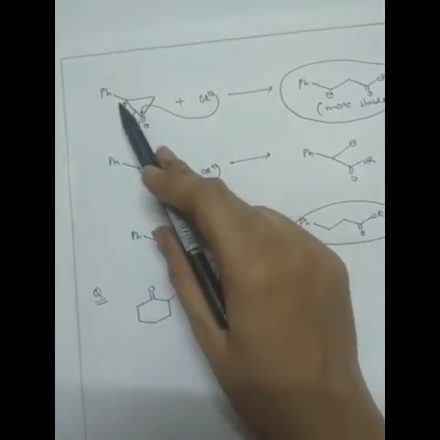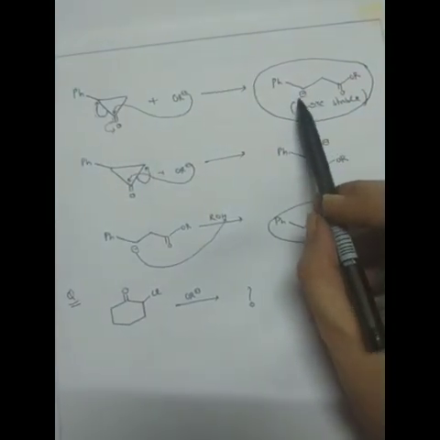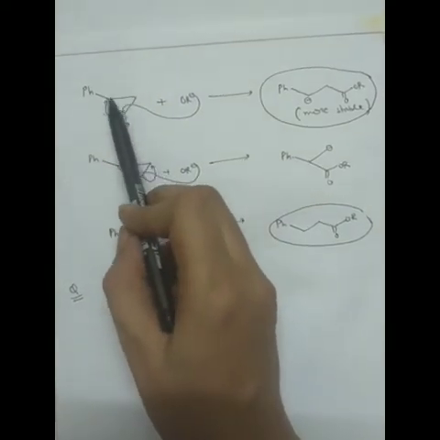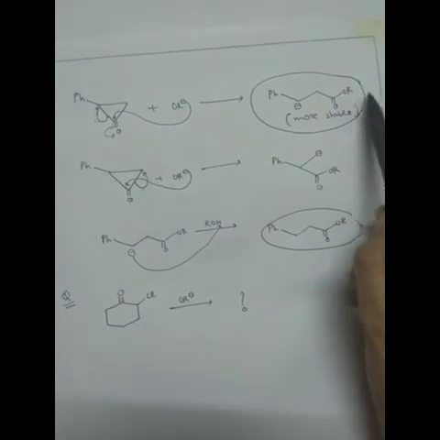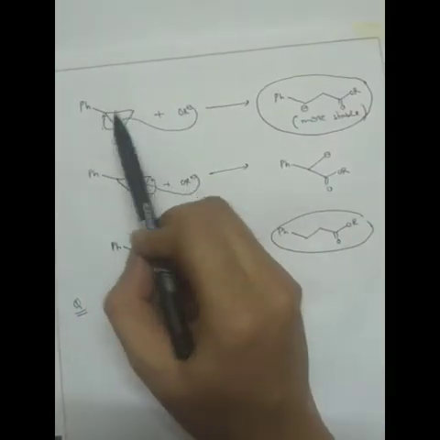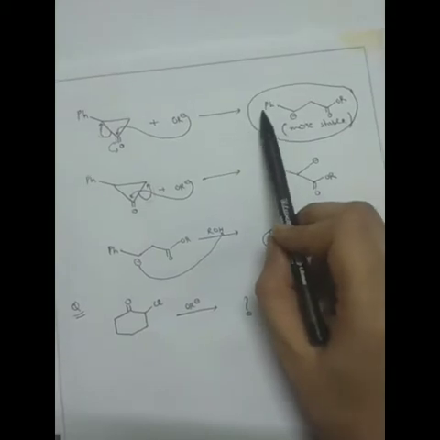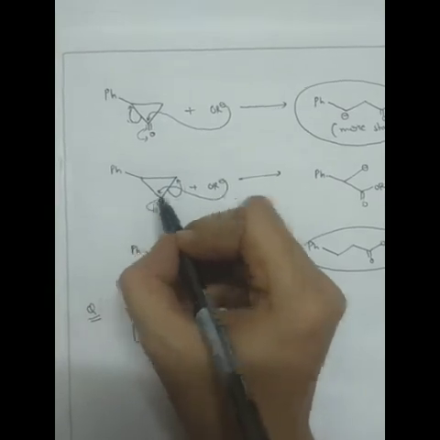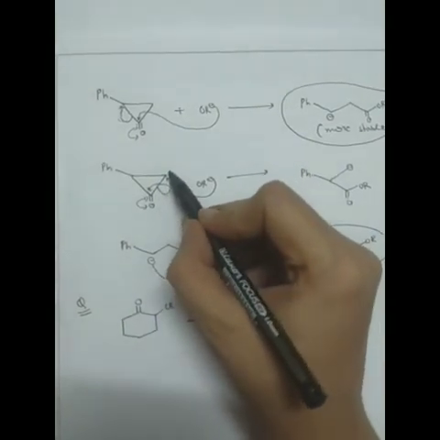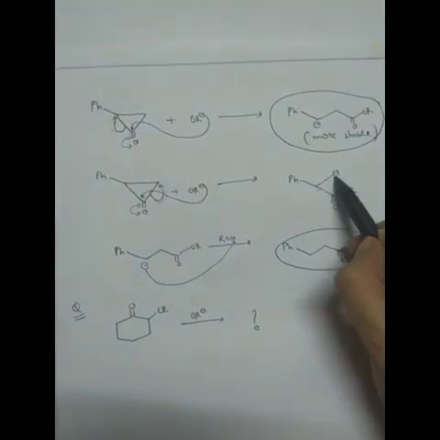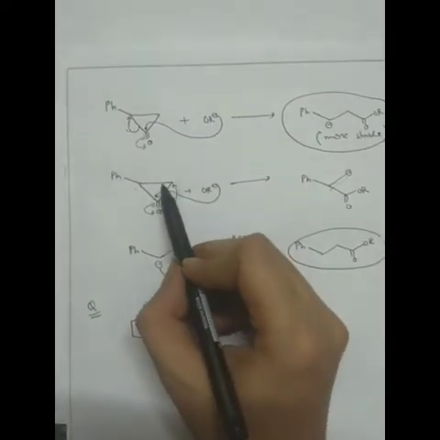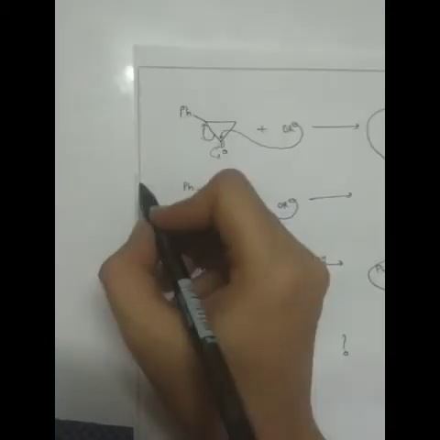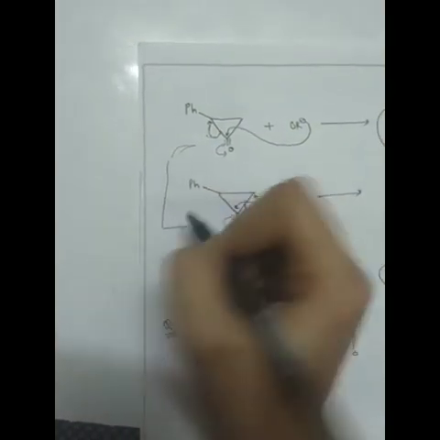If the bond shifts here, then a negative charge is generated near the phenyl ring, with two carbons between the ester and phenyl. So negative charge is accumulated near the phenyl ring. But in the other case, if this comes back, then the bond shifts here, which means the carbon of the phenyl ring side has a negative charge, along with the ester.